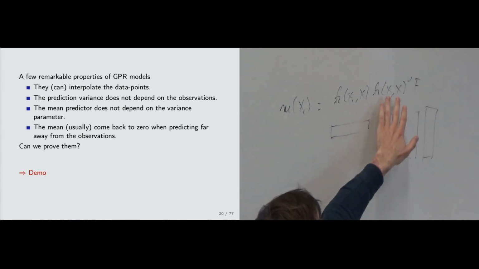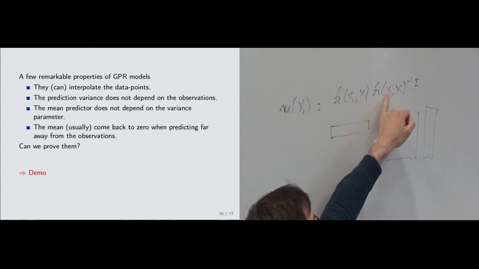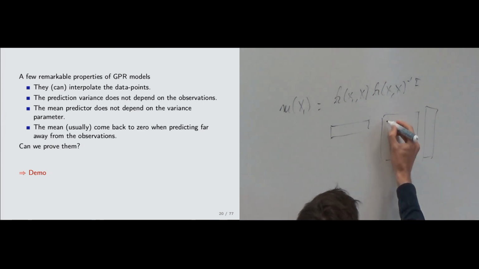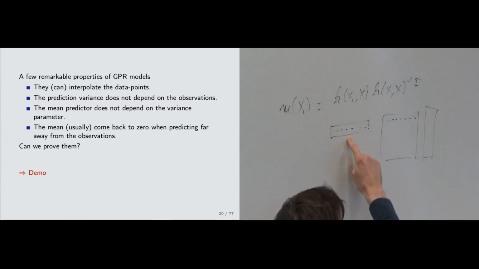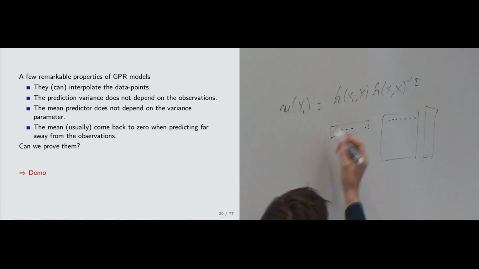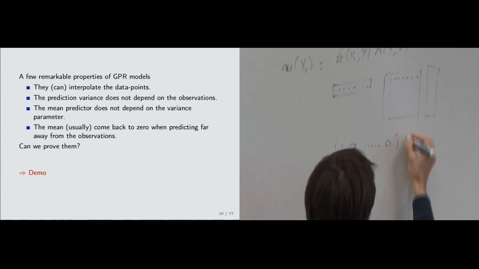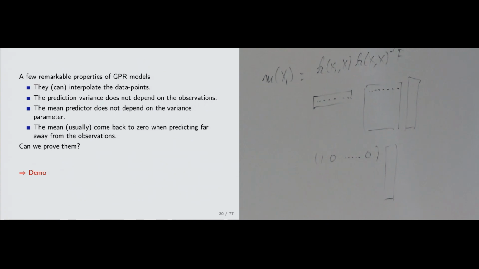Now if we look at this matrix that we invert, the first line of this matrix is going to be the covariance between the first observation point and all the other ones. So this line in the matrix is exactly the line we have over here. We have a vector multiplied by the inverse of a matrix, and this vector corresponds to the first line of the matrix. So this product has to be 1, and then 0 everywhere, times the vector of observations f.